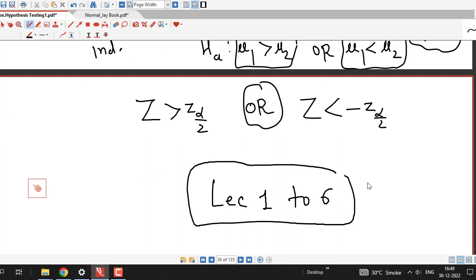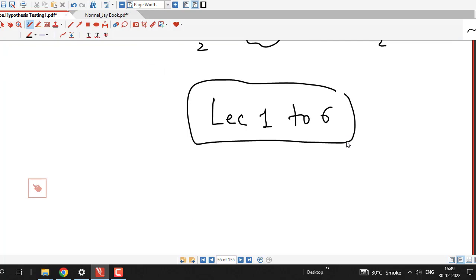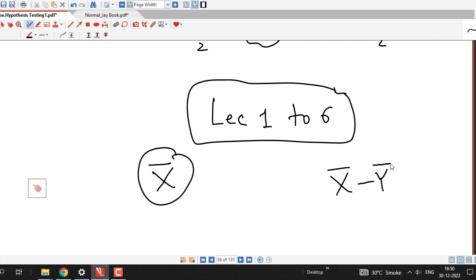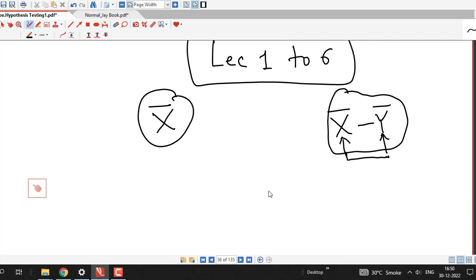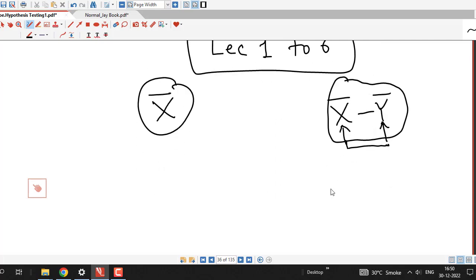The procedure for hypothesis testing is exactly the same as what we covered in lecture number 1 to 6. The only difference is that in lecture number 1 to 6 we discussed the sampling distribution for one sample only. Here we are discussing the sampling distribution for two samples, and we are taking the sampling distribution of x bar minus y bar, that is the difference of means. That difference makes the formula for the z test different from the z test for a single sample.